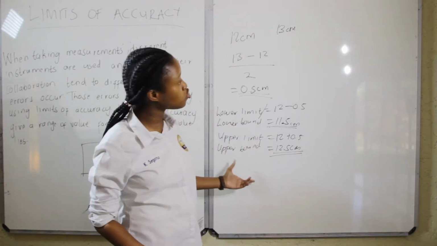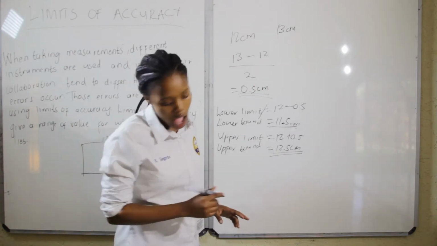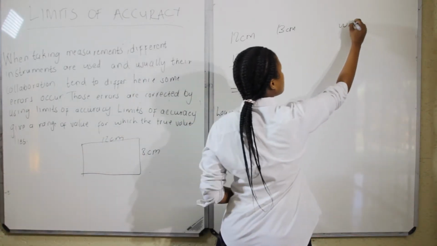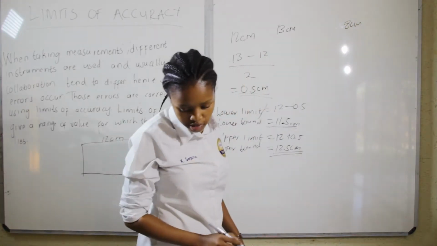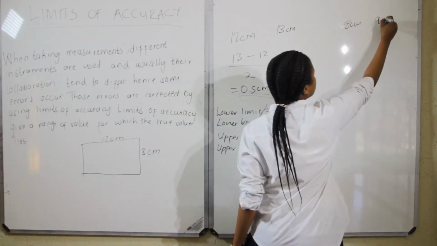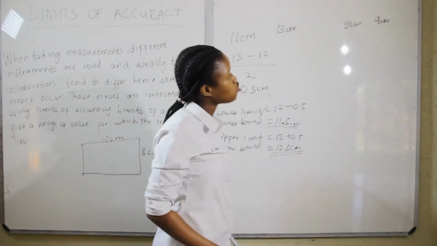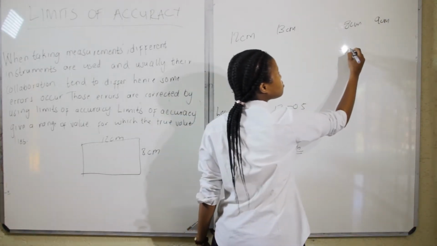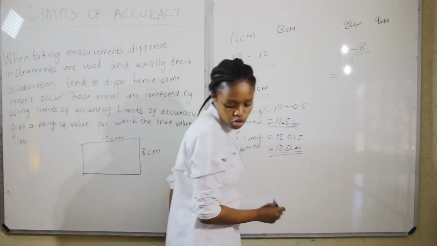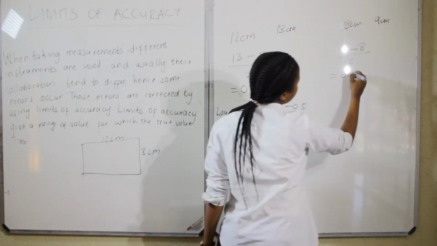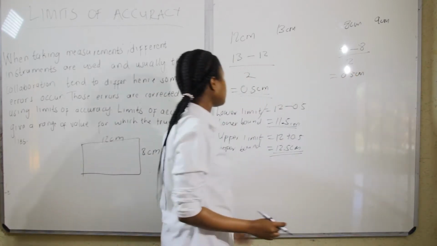So now let's get on to our width. Our width is 8 centimeters. And what's our next possible value? It's 9 centimeters. So you're going to do the same thing: 9 centimeters minus 8 centimeters divided by 2, which is going to give you 0.5 centimeters. Nothing changes.